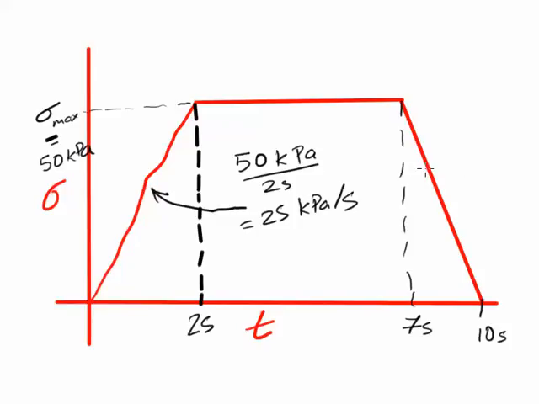So to get the slope in this area, the change in time is 3 seconds, from 7 seconds to 10 seconds, and the change in stress is negative 50 kilopascals. So we want to subtract 50 kilopascals per 3 seconds every time step in this region.